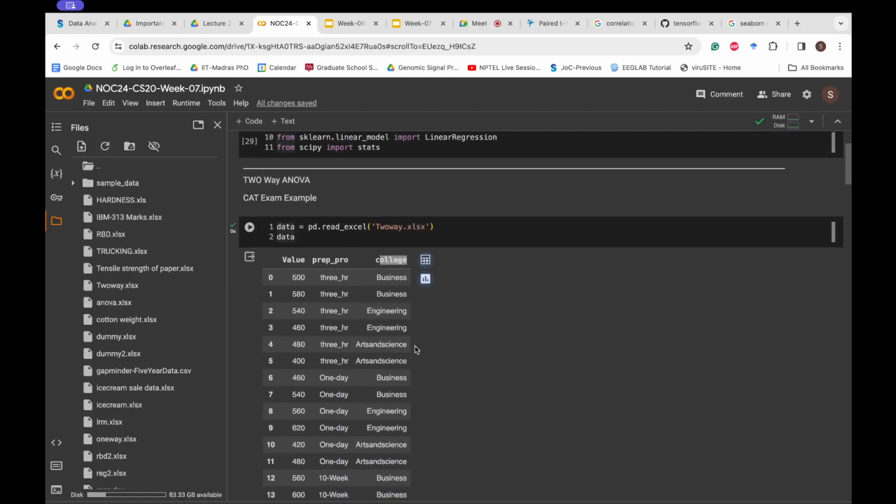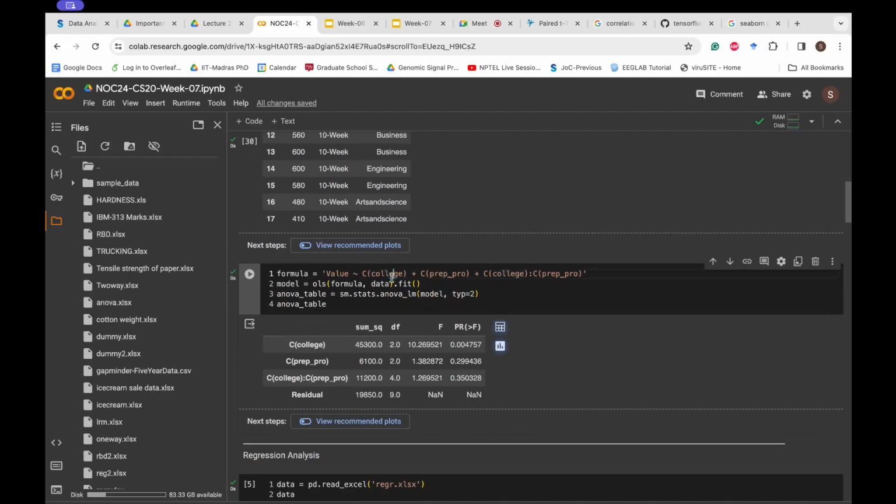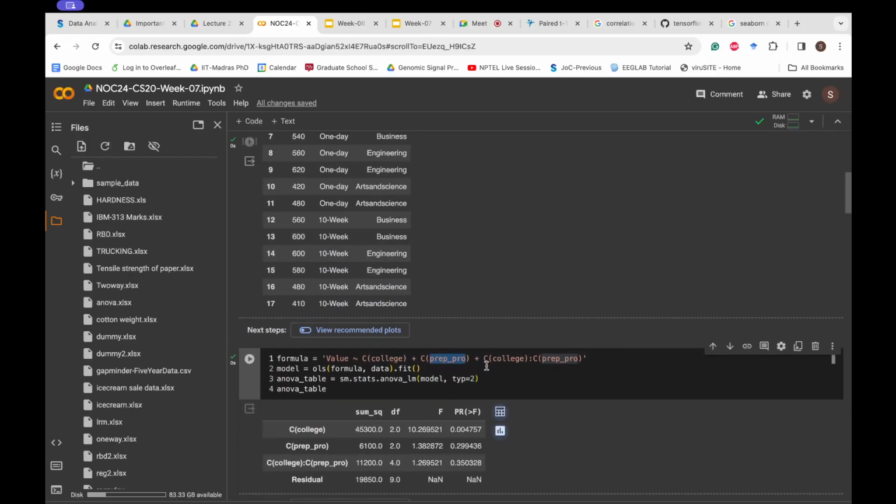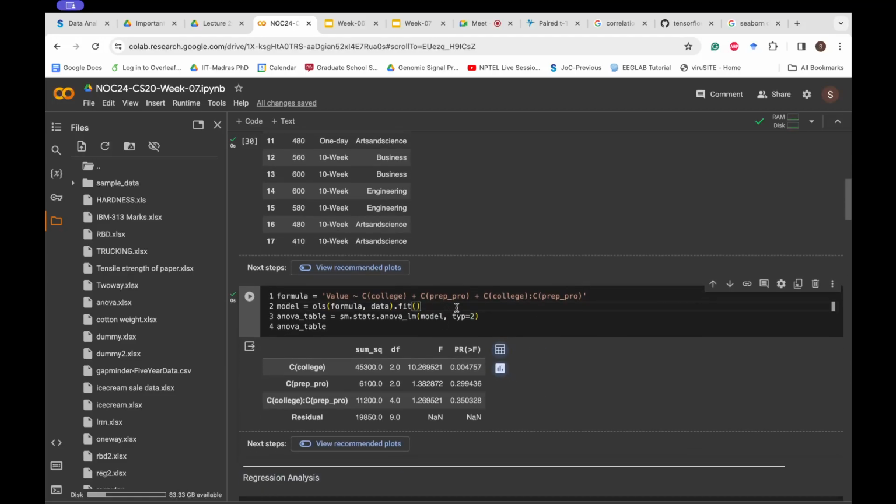We will see categorical variable later. So it was dependent on college, the preparation program, and the interaction of college and preparation program. You wanted to see which one is significant: whether the college, the preparation program you are taking for the CAT preparation, or the interaction of both, the background you have and the preparation that you are doing.